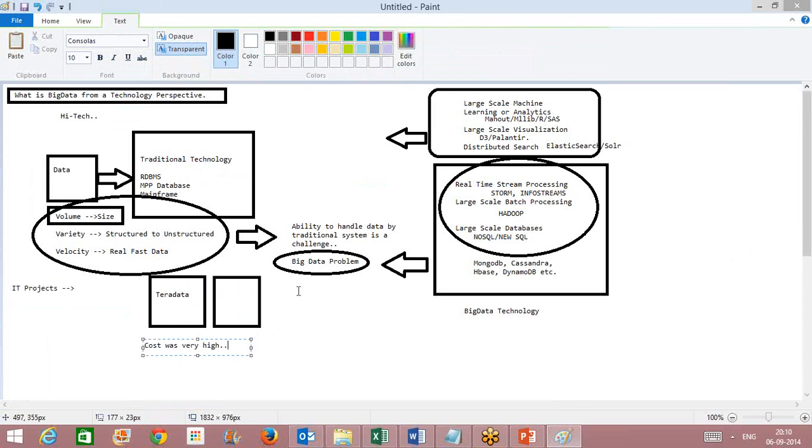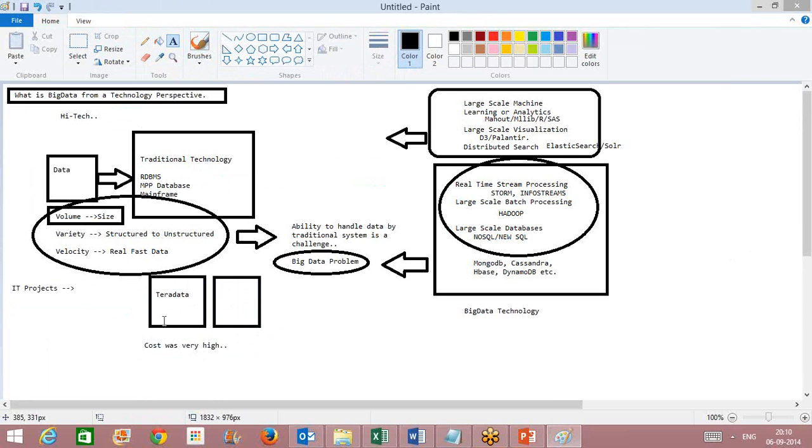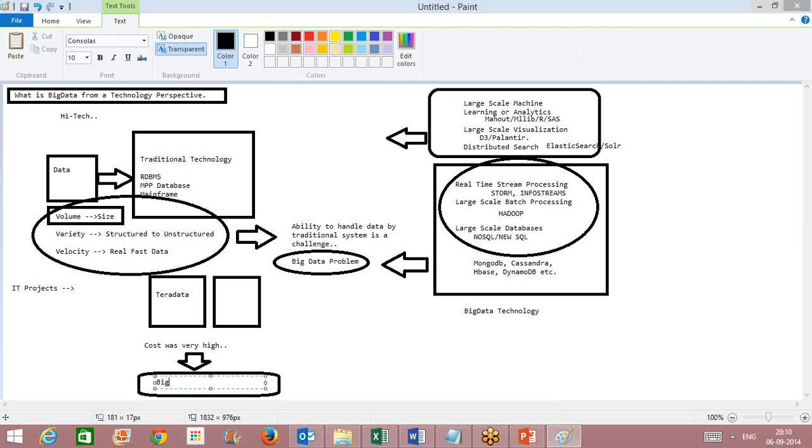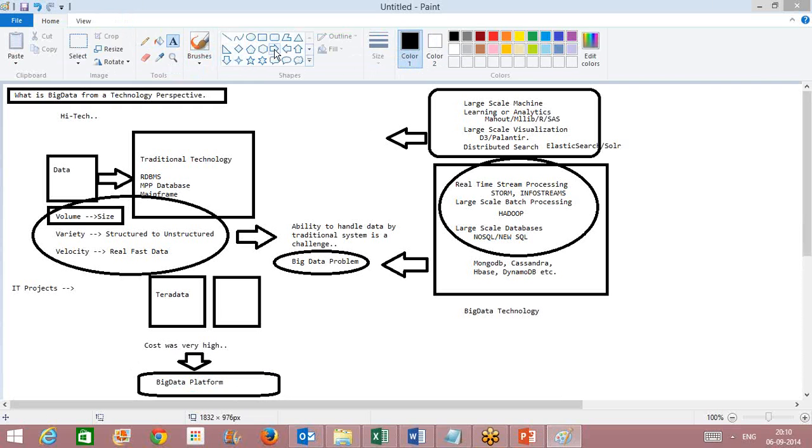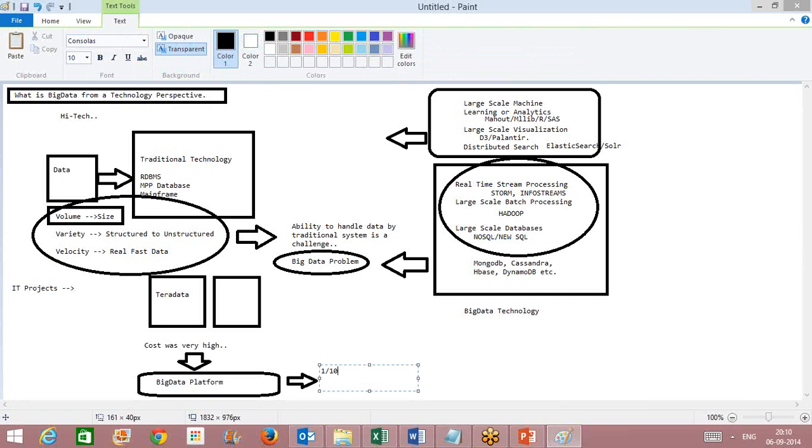And that was the place where they said that if we move all the processing where CPU is consumed in the Teradata to a Hadoop environment, so we move all this processing to a big data platform, then what will happen is this big data platform is mostly open source, runs on commodity hardware, and the cost is about one-tenth of the cost of the appliance.